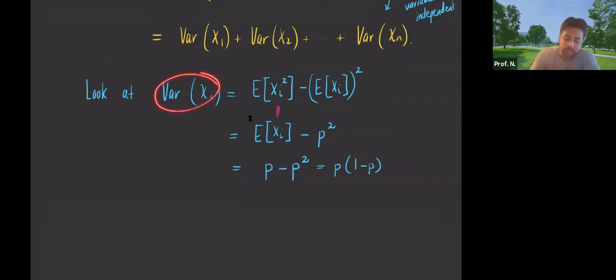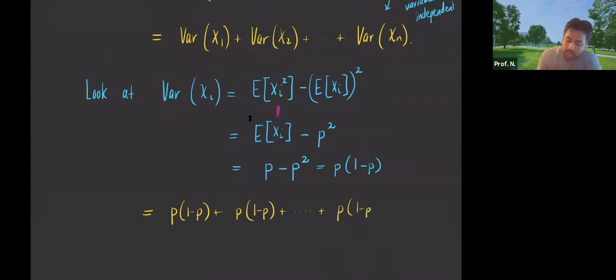But this is only for one of them. I have n of them. So I have P times 1 minus P plus P times 1 minus P plus P times 1 minus P. So I have n of them.